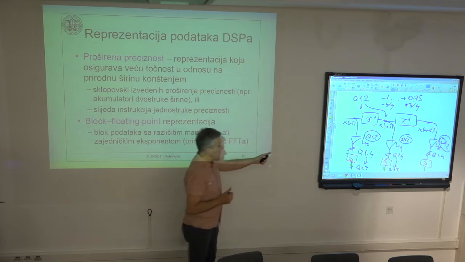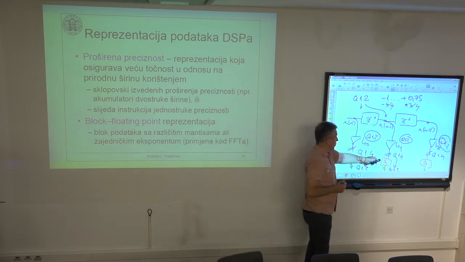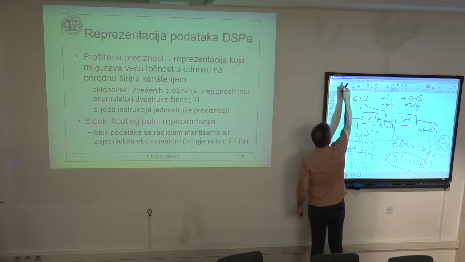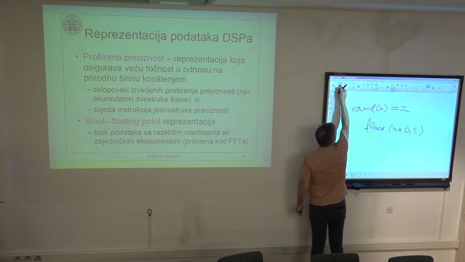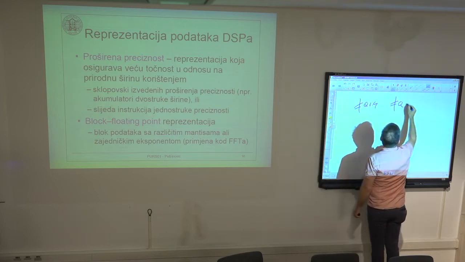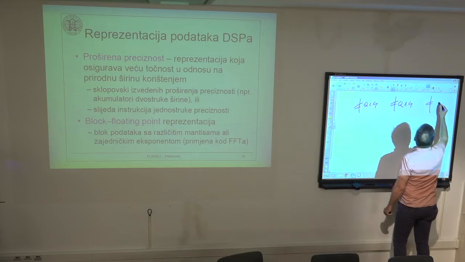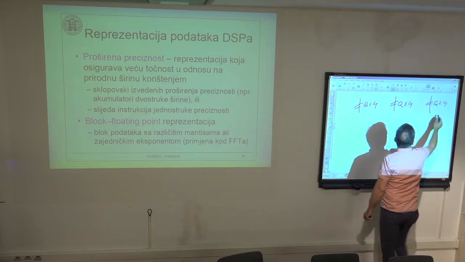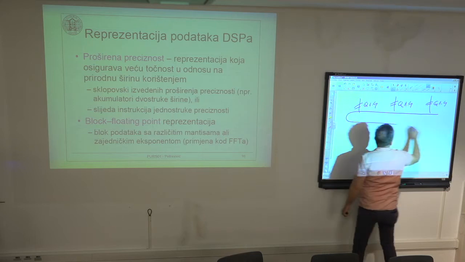So the idea is, take this Q1.4 value in the full precision, and add this in the adder.